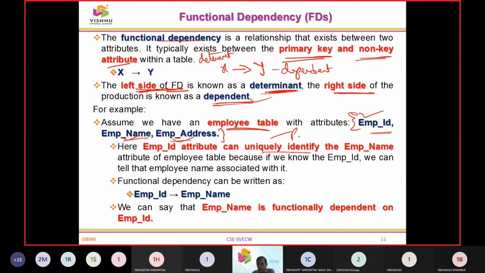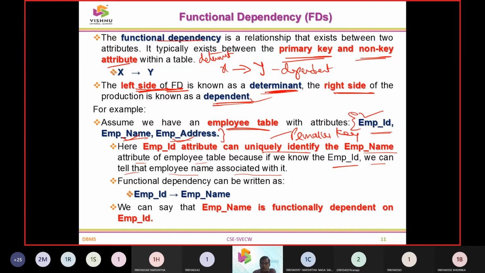As it is uniquely identified, we call that item a primary key item. It can uniquely identify the employee name attribute of the employee table, because employee ID can tell us the employee name associated with it.